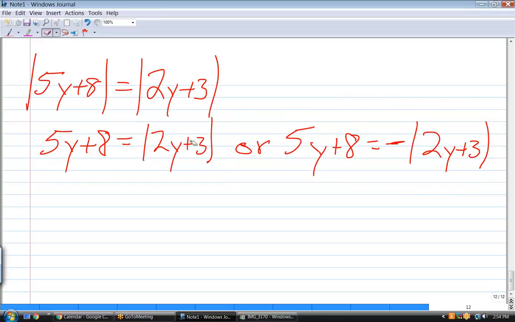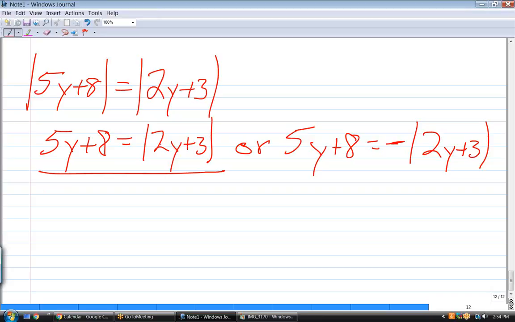So what are the two equations I can write over here? In other words, we're dealing with this part right there. Solve that as if it were a problem all alone. Hold on.